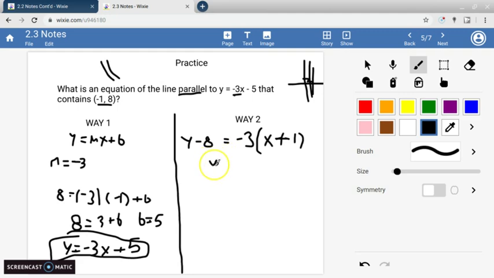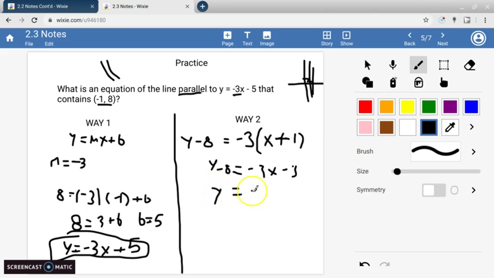So we can do y minus 8, and then you distribute, which is negative 3x, and then we have negative 3 minus 1 is minus 3, and then you add 8 to both sides.